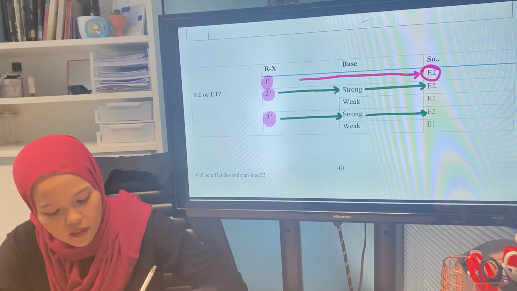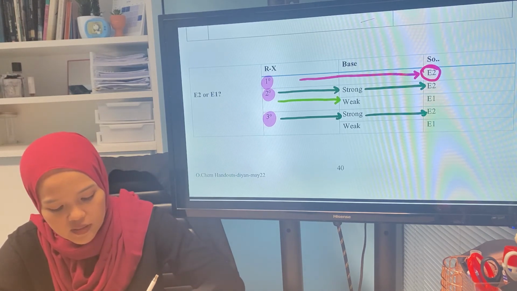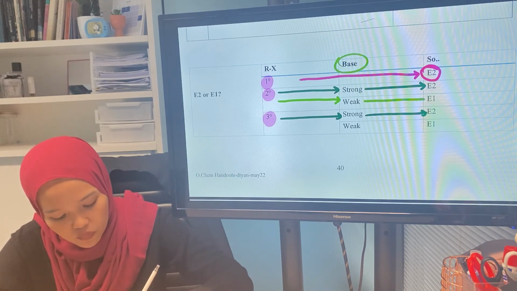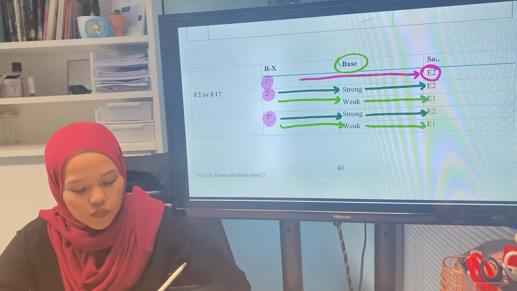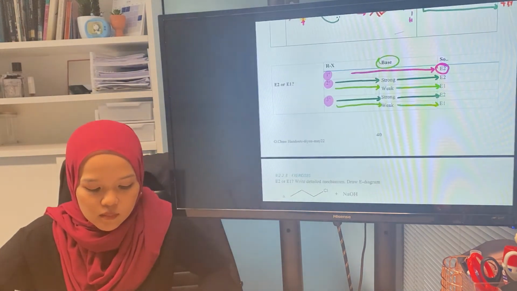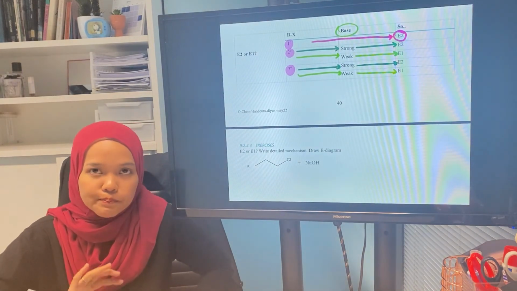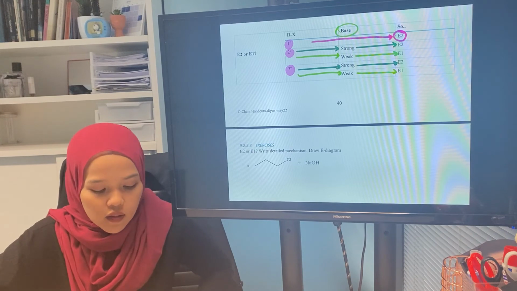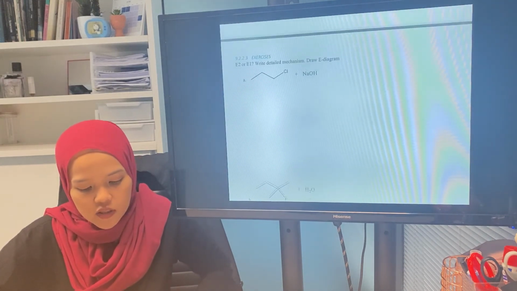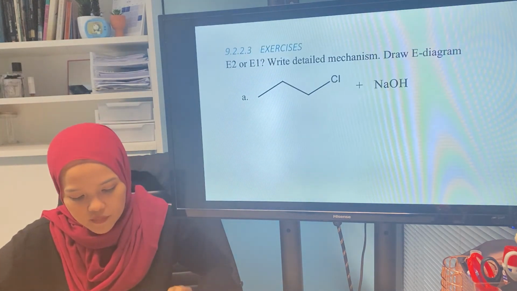But if the base is weak, it is going to go with the E1 mechanism. So for this kind of reaction, we usually need to look more into the base as well. Like this one, look at this one.